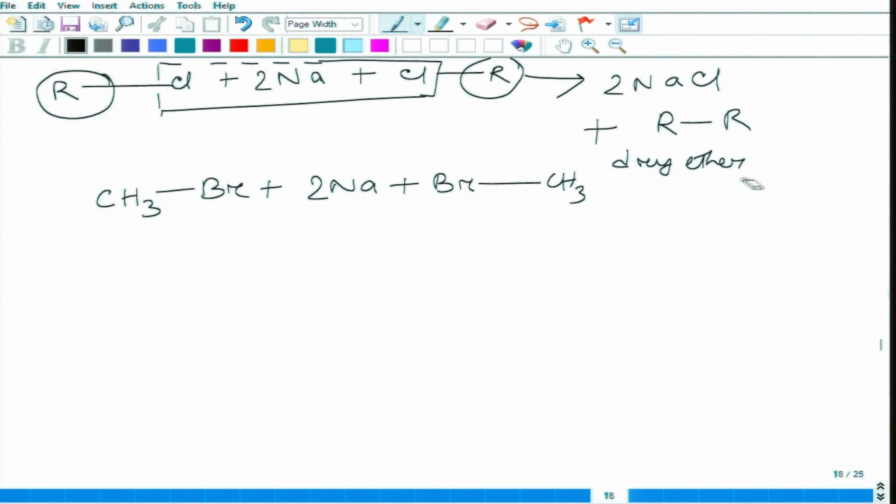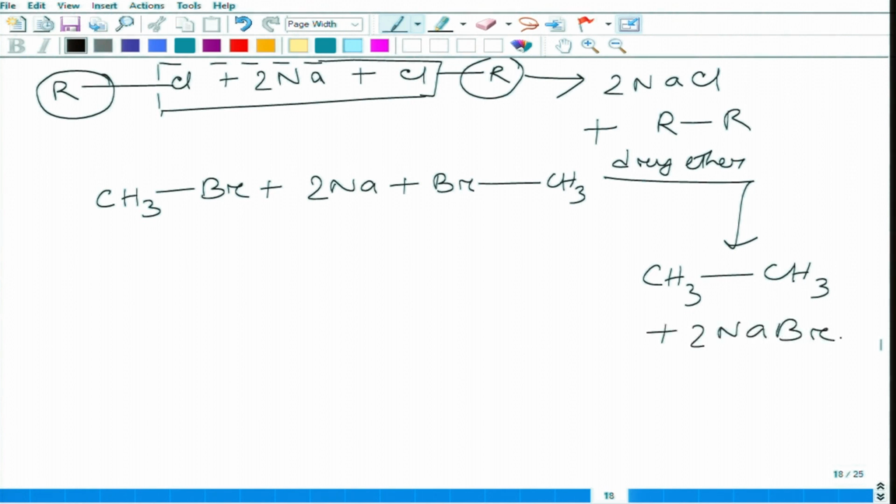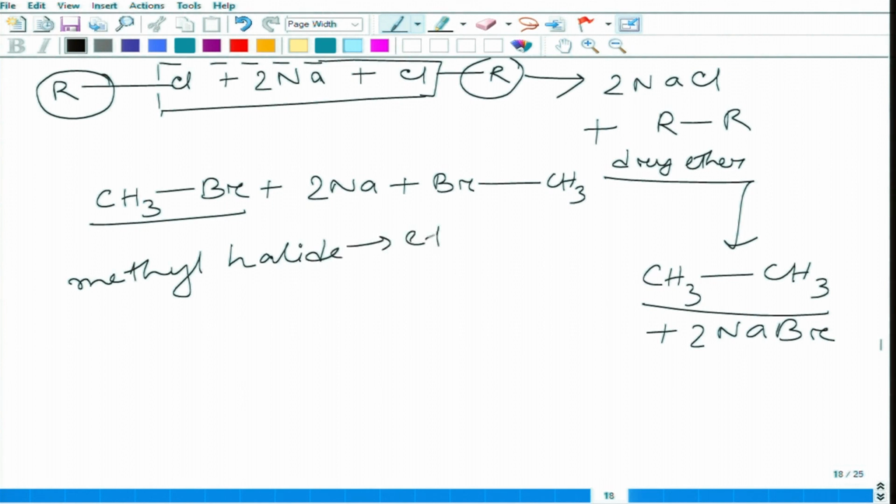So, in presence of dry ether, we will get ethane and 2 sodium bromide. Okay. Now, from methyl bromide we are getting ethane, right? Methyl halide is giving ethane. So, we are getting a higher alkane.